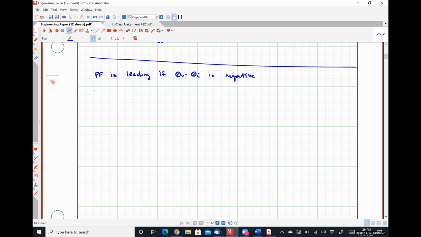And our power factor is lagging if theta V minus theta I is positive, right?